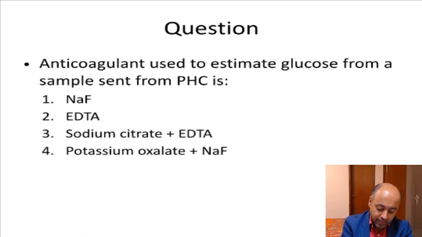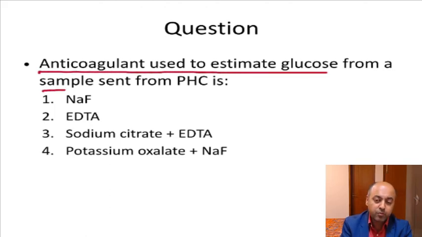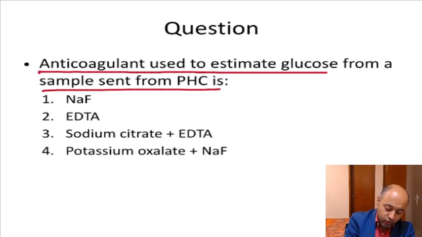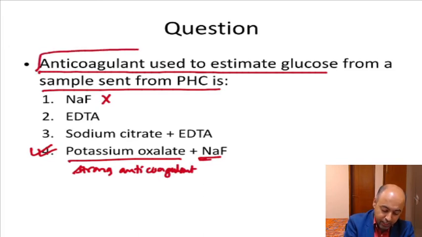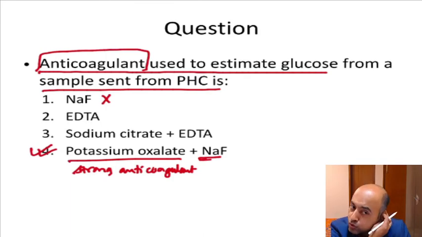Next question. Anticoagulant used to estimate glucose from sample sent for PSC. Please note, you are not going to mark sodium fluoride alone here. You are going to mark sodium fluoride with a strong anticoagulant. The question itself says anticoagulant used to estimate glucose, so you have to mention the anticoagulant along with sodium fluoride.